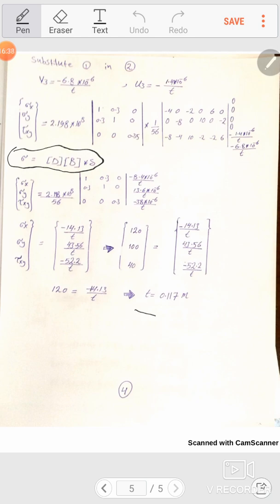And t here is 0.117 meter. So this is the way I can find t, and also the stress is already given in the example if you look at the first slide.